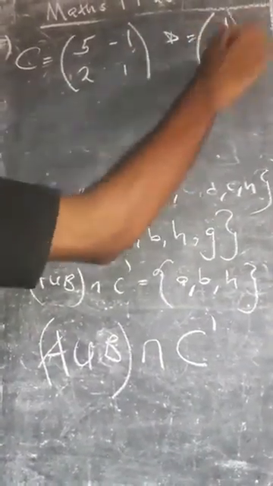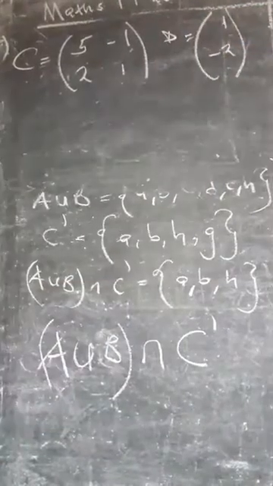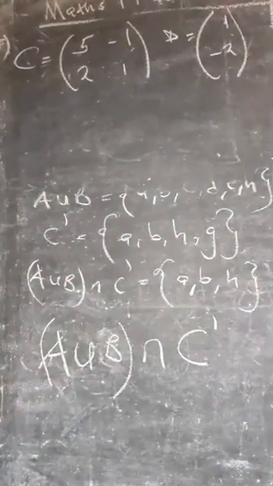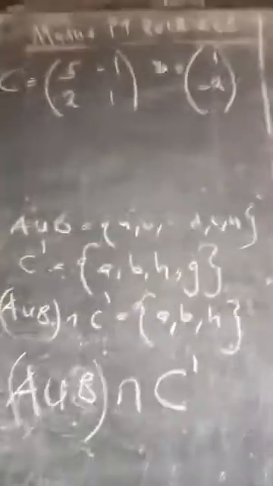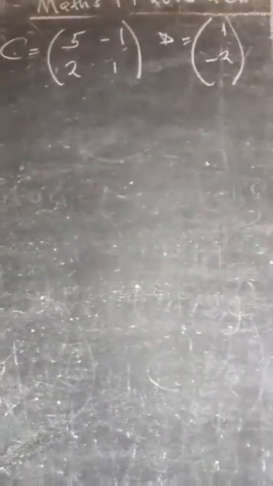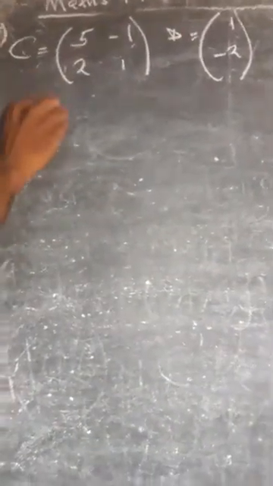So we are expressing CD as a single matrix. When they say express this as a single matrix, the only thing you're doing here is multiplying.